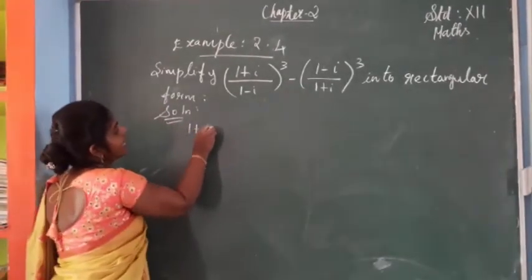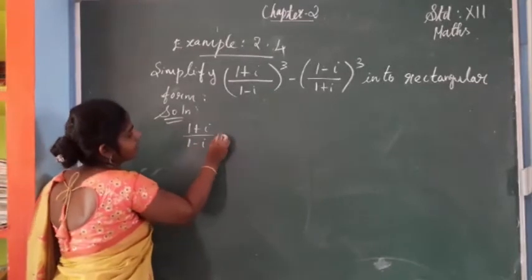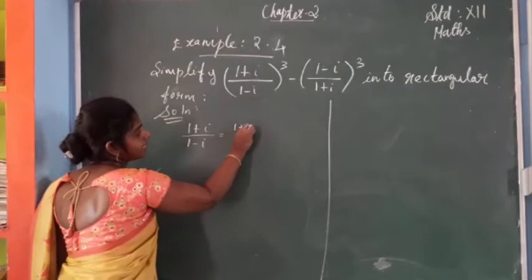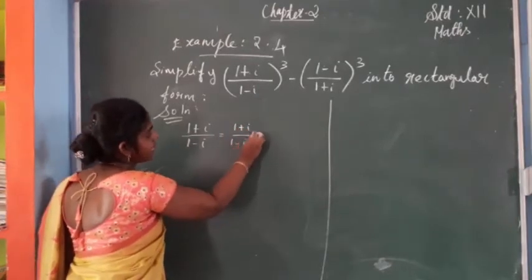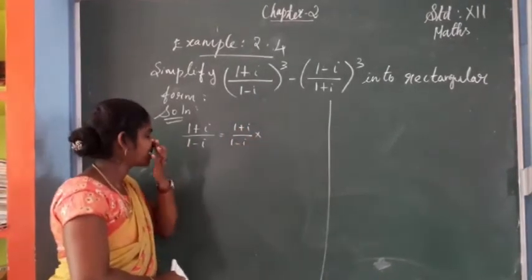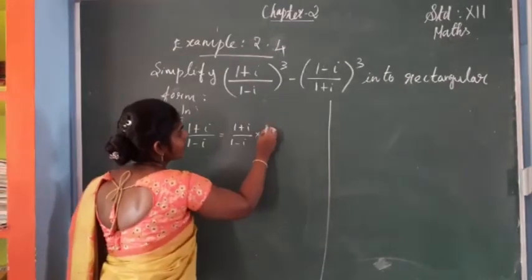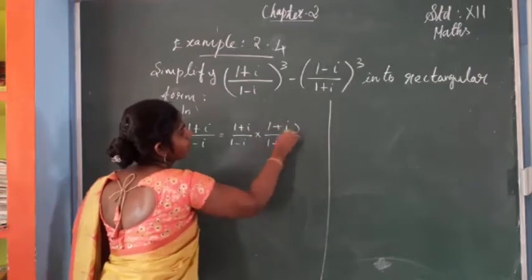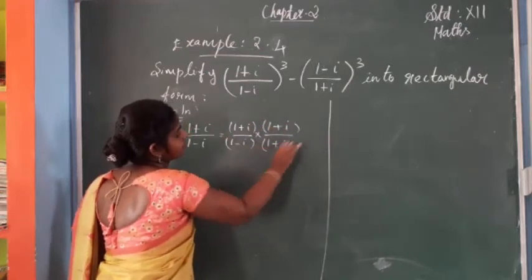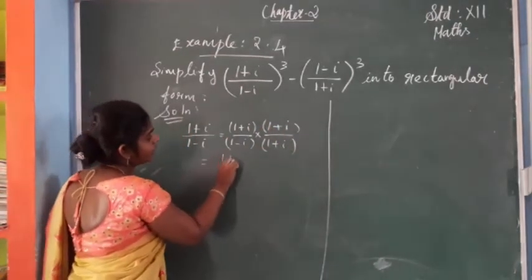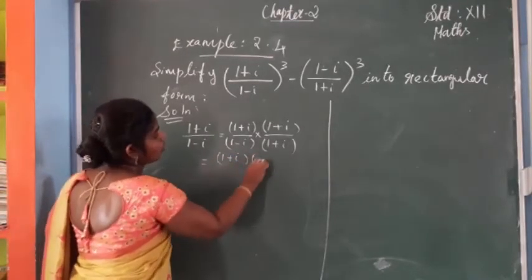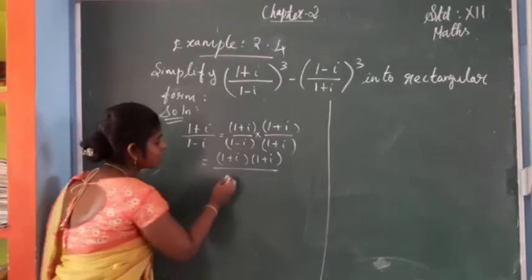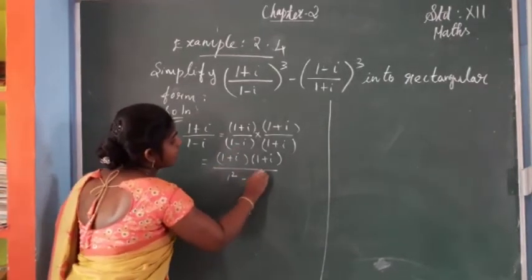So (1 + i)/(1 - i) is equal to (1 + i)/(1 - i) into, take the conjugate of the denominator, (1 + i)/(1 + i). That's equal to (1 + i)(1 + i) divided by, use the formula, 1 square minus i square.